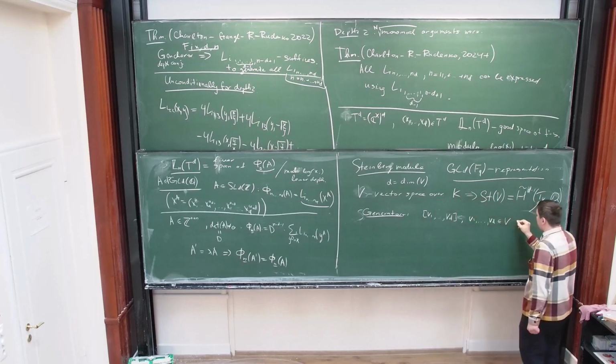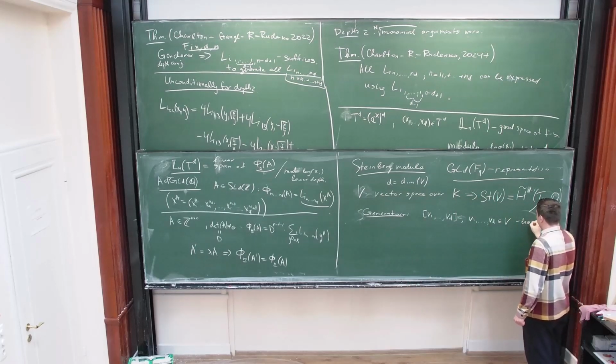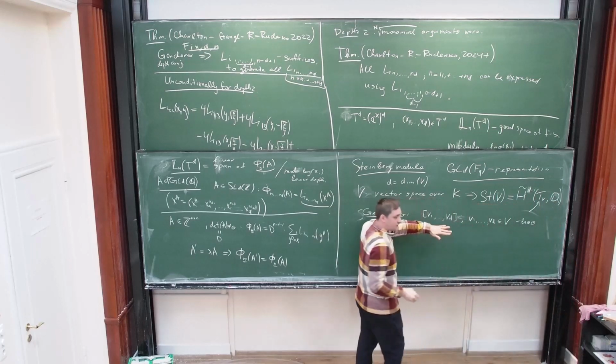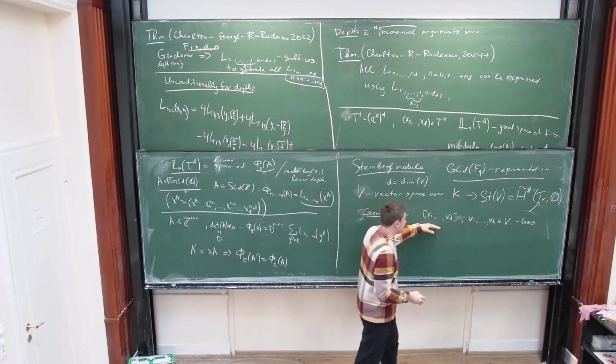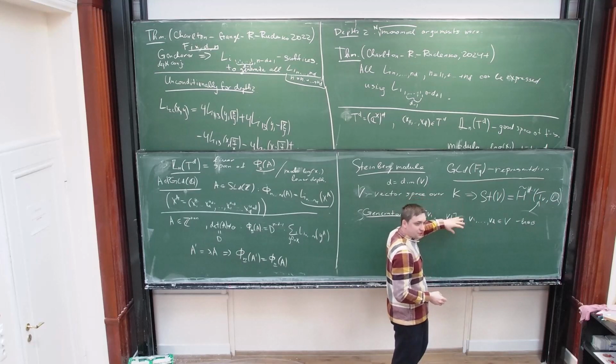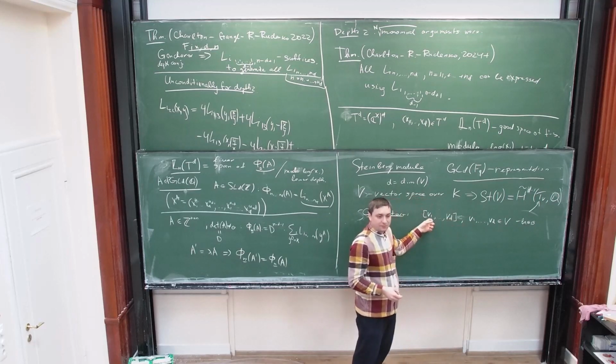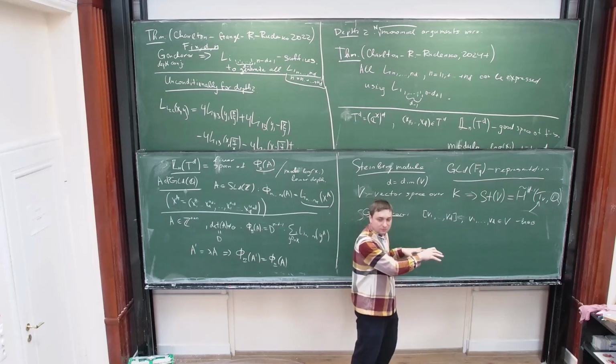You want the collection to form a basis, so you have one generator for each basis in your vector space. You can extend this definition by saying if they're linearly dependent, you just set the generator to 0.